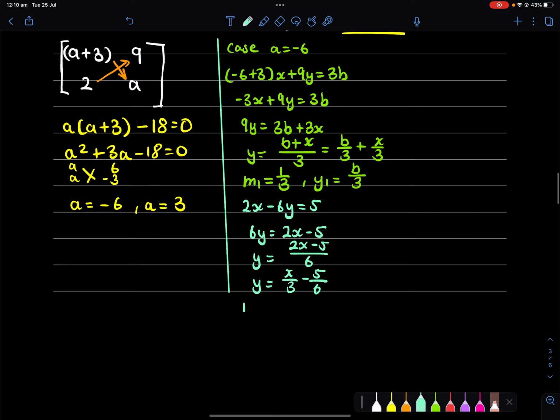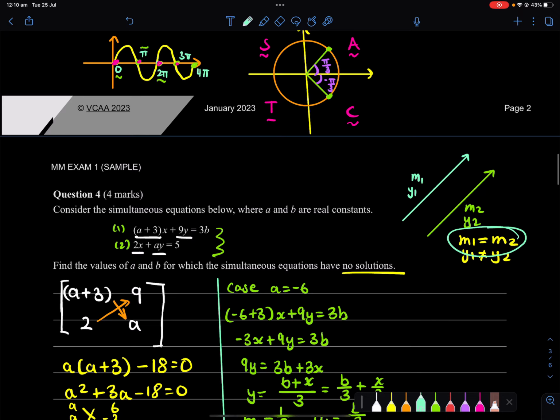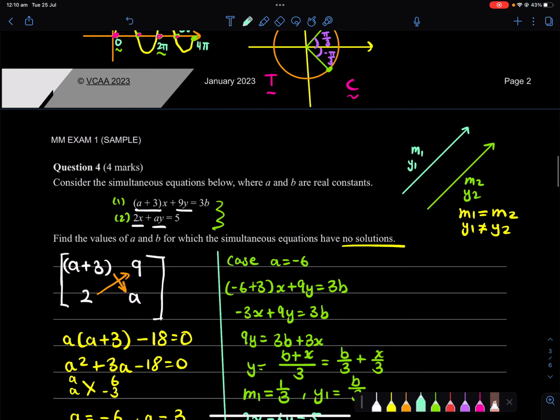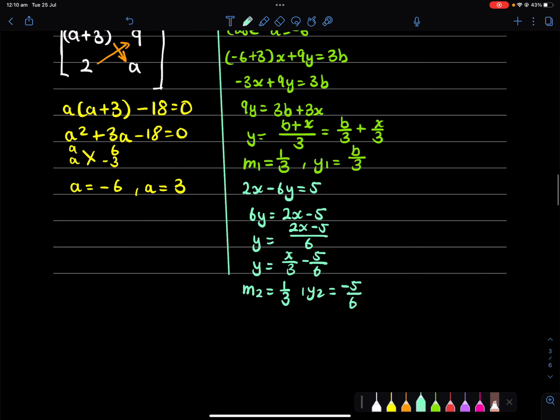Therefore, your m2 here is 1 over 3. And your y2 is negative 5 over 6. Okay. Are the gradients the same? Yes. We can see that the gradients are the same. Perfect. Are the y-intercepts different? They must be different. Well, this is negative 5 over 6 and this is b over 3.